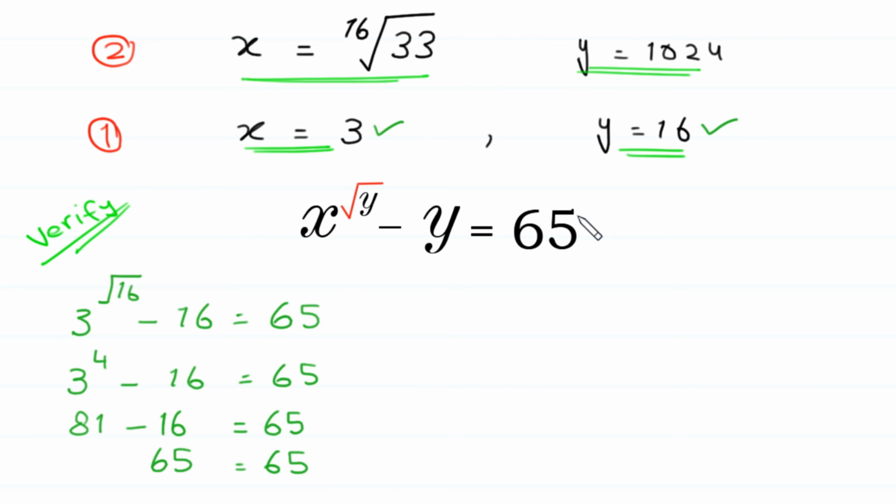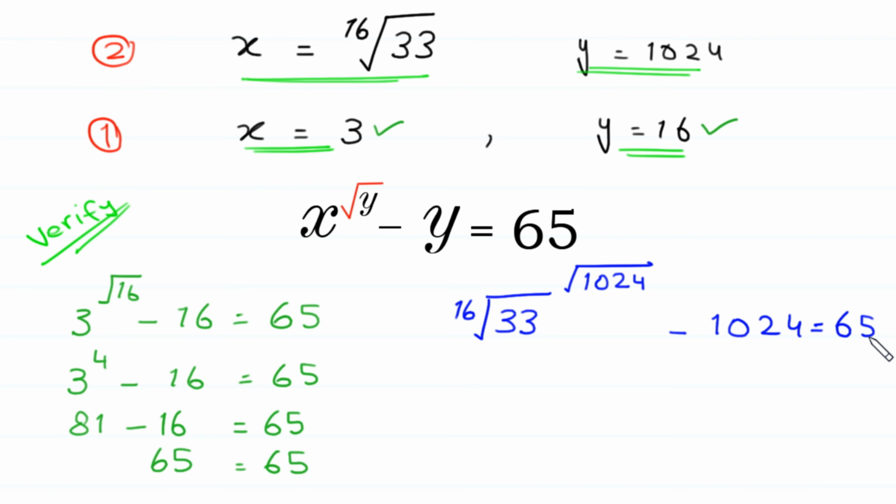Now in this equation we put the value of x, the 16th root of 33, and value of y, 1024. The value of x is the 16th root of 33 to the power square root of 1024, minus 1024, is equal to 65.